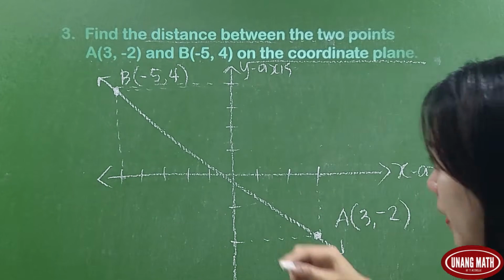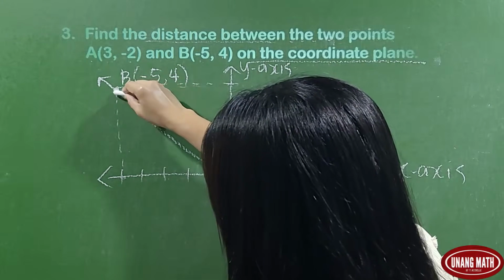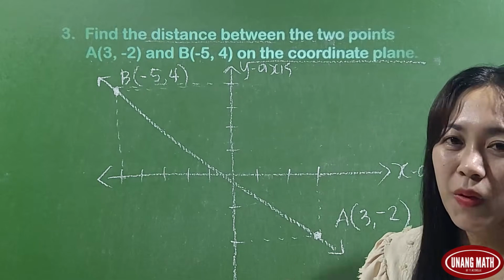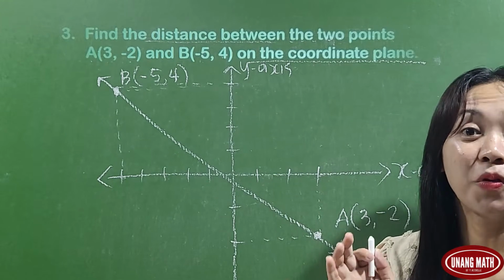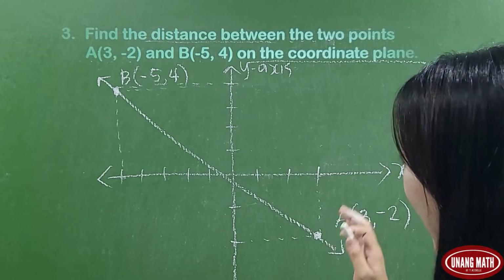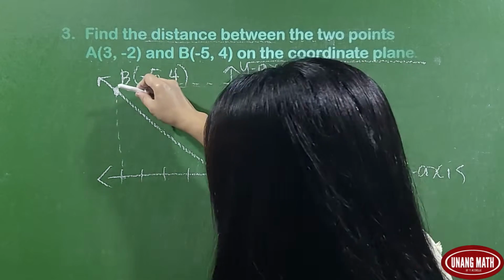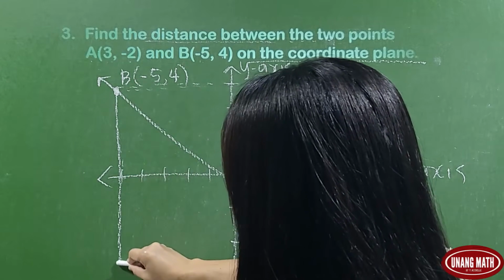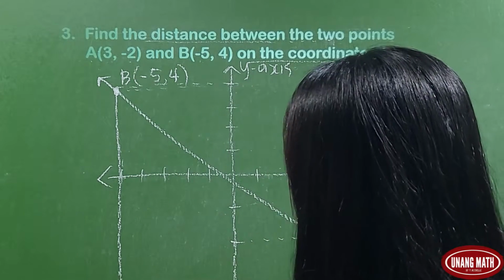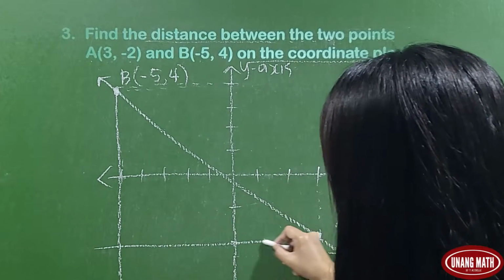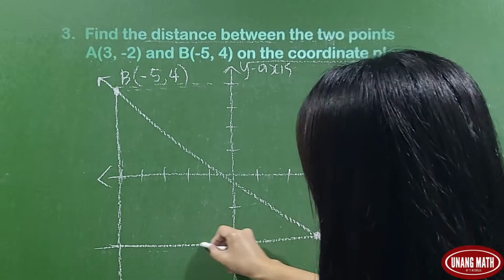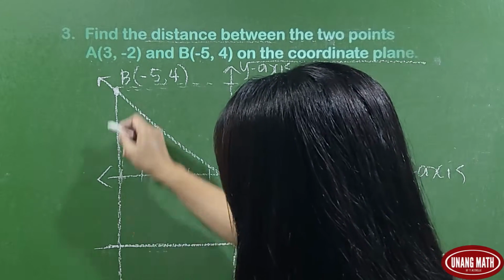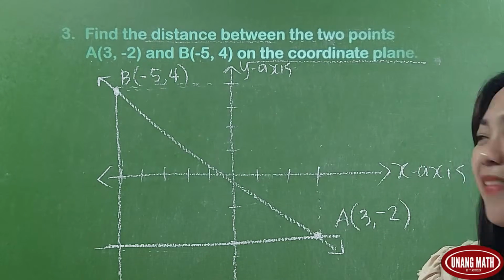Okay, in order to find the distance from this point up to this point, we are going to draw auxiliary lines. The first auxiliary line would be from this point perpendicular to this line. And another one is from this point perpendicular to this line.